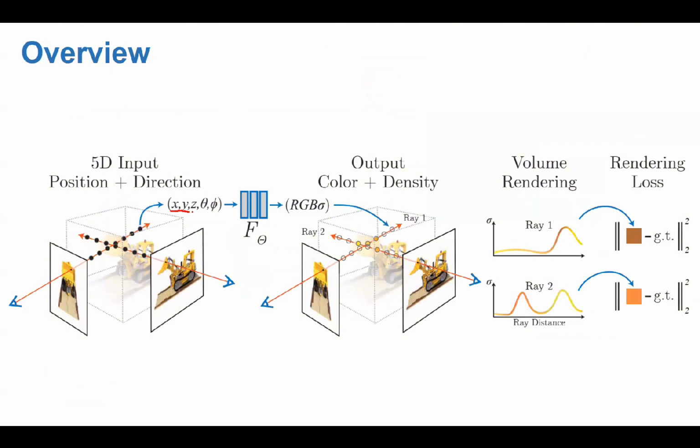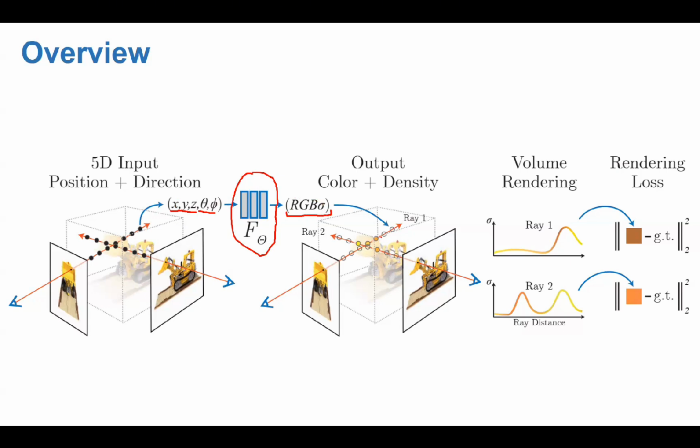So a 3D point is an XYZ location with a viewing direction. And what we actually learn is this model, a very simple network that we give the location of the 3D point, and what it gives us as an answer is the properties of that 3D point, the color, RGB, and the density of the point.